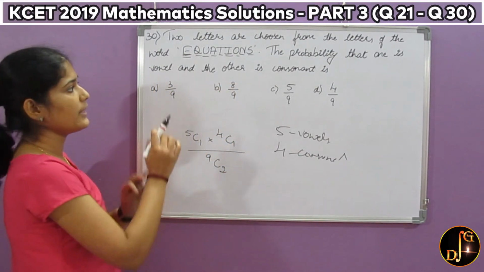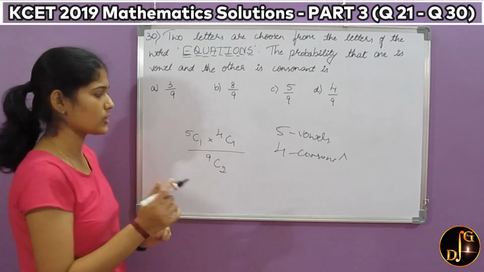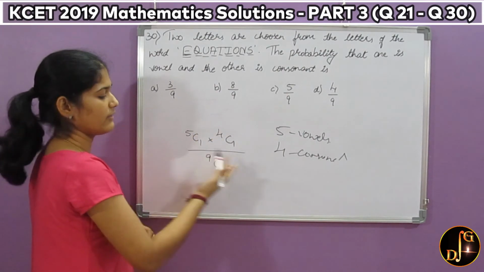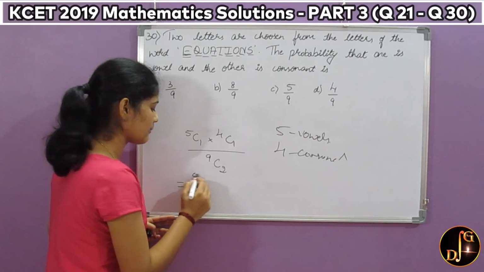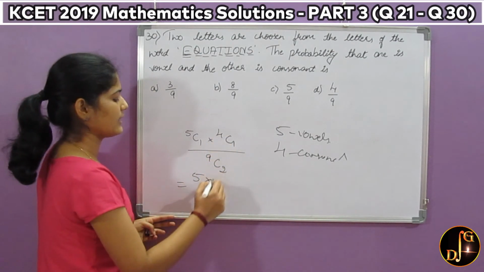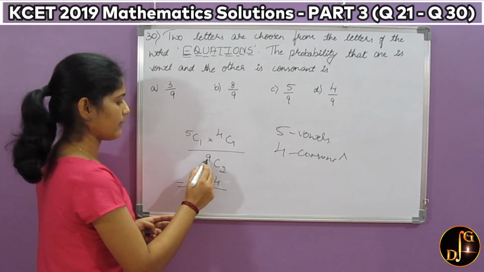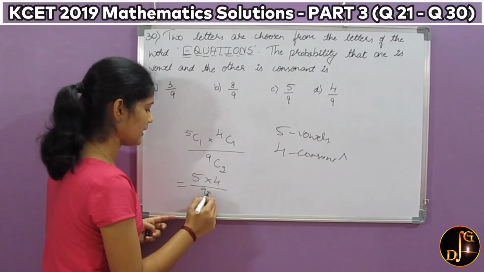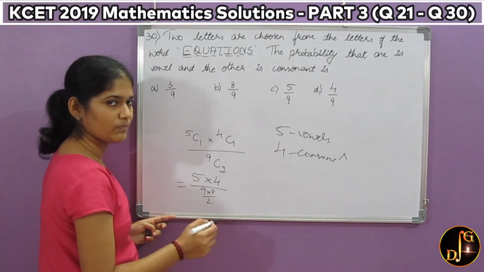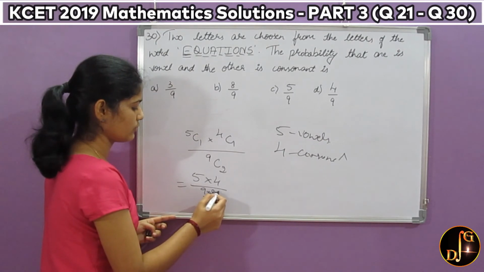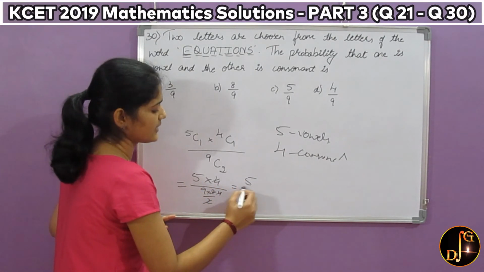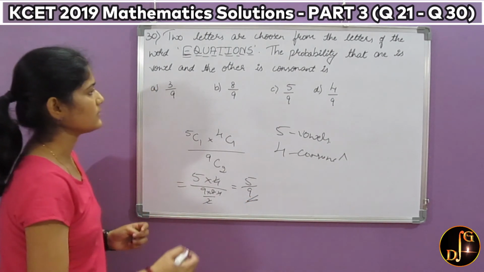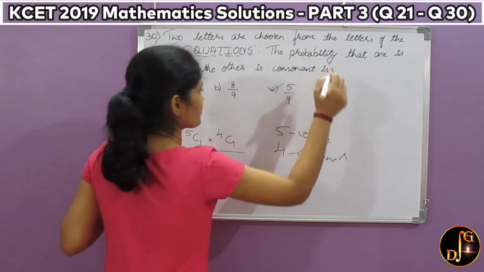So the probability of getting one vowel and one consonant is 5C1 into 4C1 divided by 9C2. Let's simplify this. 5C1 is nothing but 5 and 4C1 is nothing but 4, divided by 9C2, which means 9 into 8 divided by 2. Right? 2 fours and 4 get cancelled. So the answer is 5 by 9. The correct option is option C.